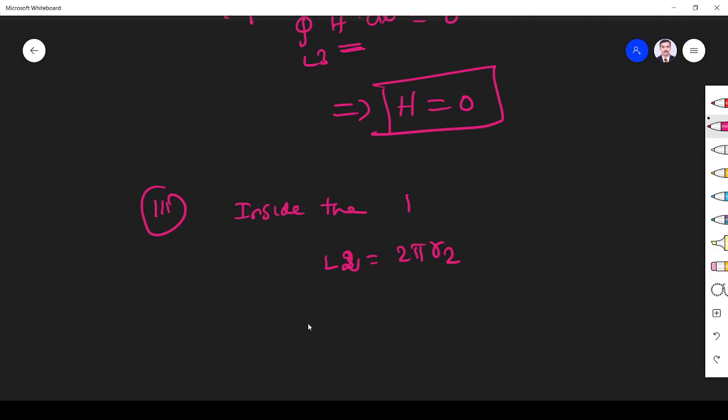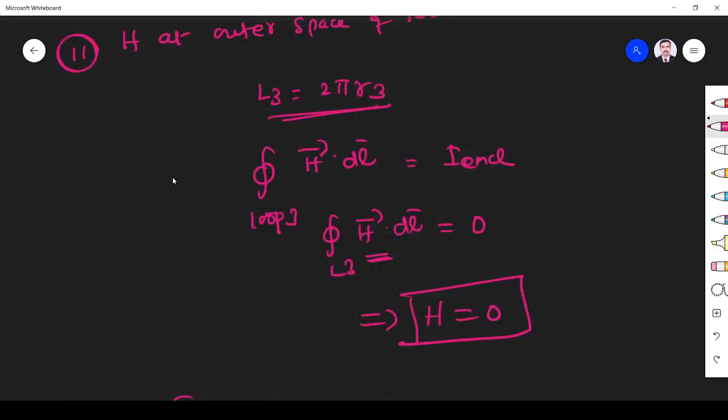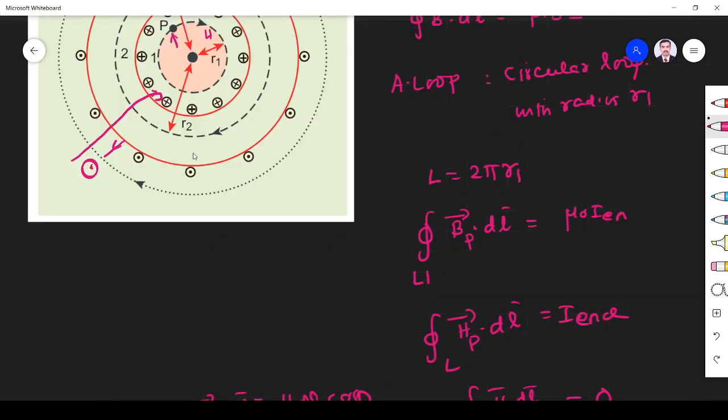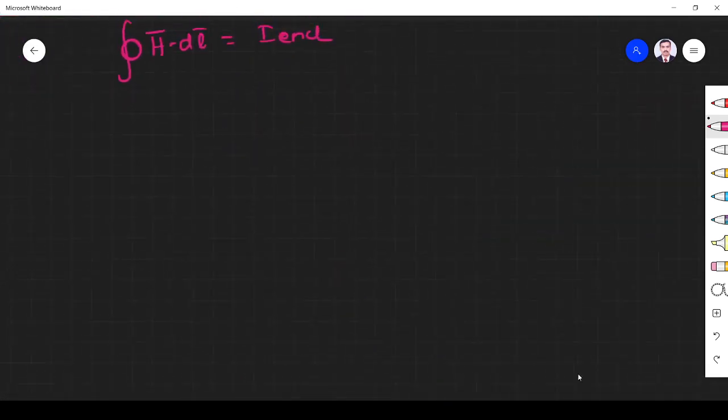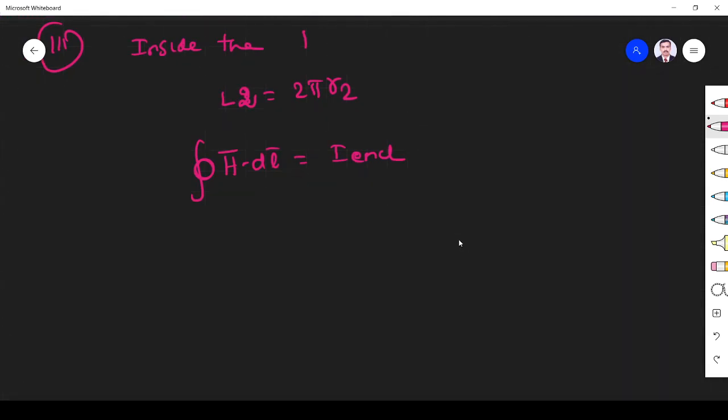So now we apply Ampere's law. It is H dot dl is equal to I enclosed, right? Here the current is enclosed because current is flowing here, and the loop is enclosing that. So what will be that current? I enclosed is equal to N into I, because we have N turns in the toroid.